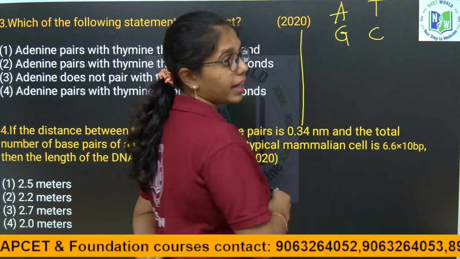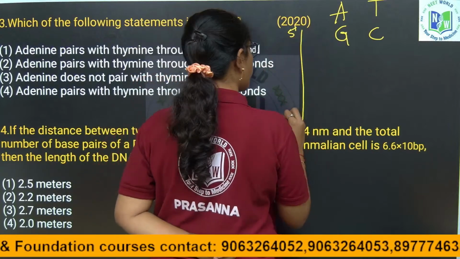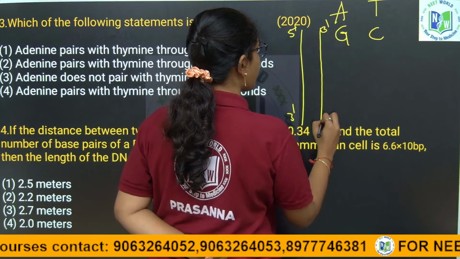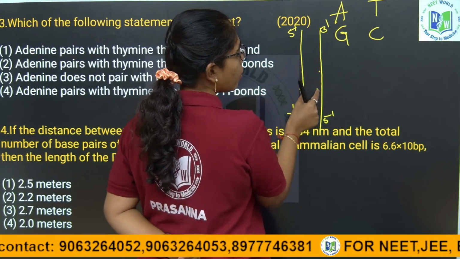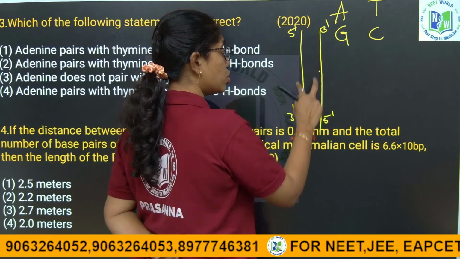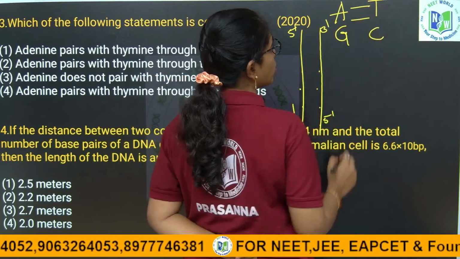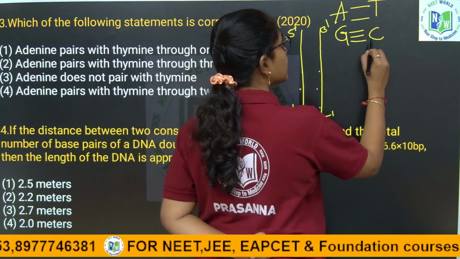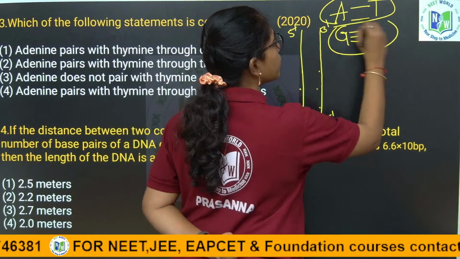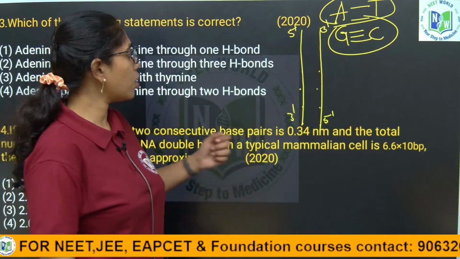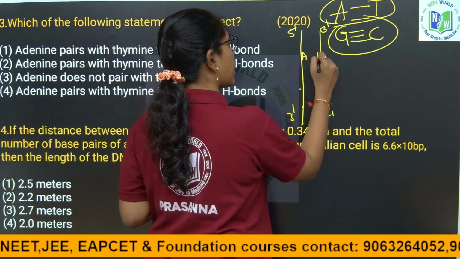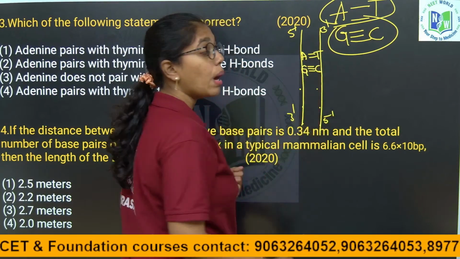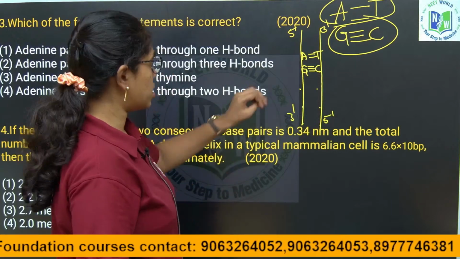Adenine of one DNA strand, which is from 5 prime to 3 prime, and thymine of the other DNA strand, which is antiparallel, are connected by hydrogen bonds. Adenine and thymine are connected by 2 hydrogen bonds, guanine and cytosine by 3 hydrogen bonds. This we all know, right?